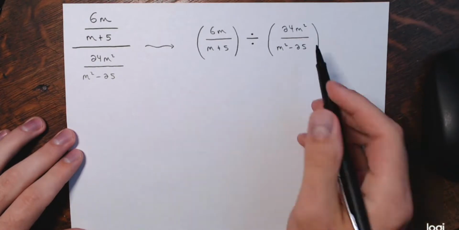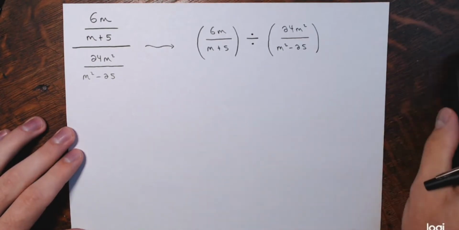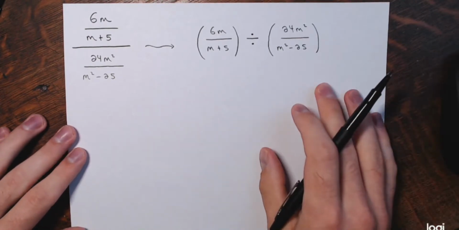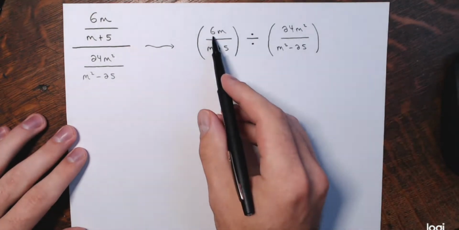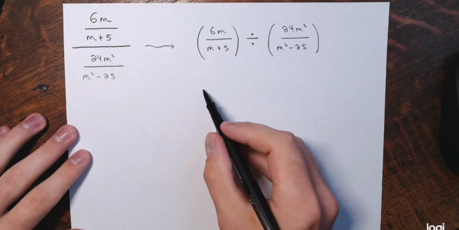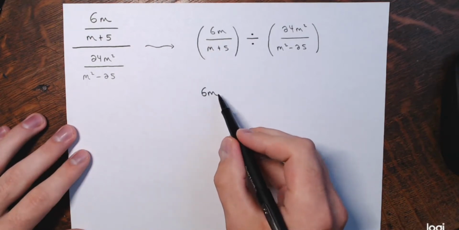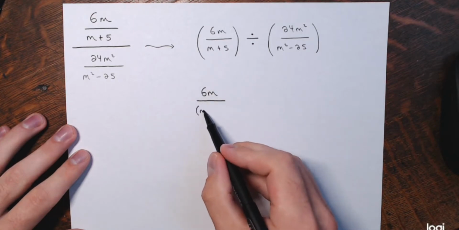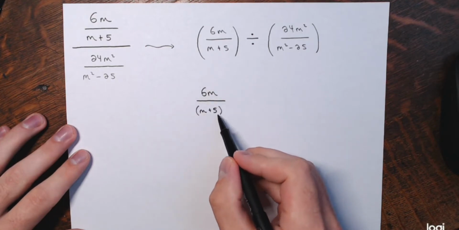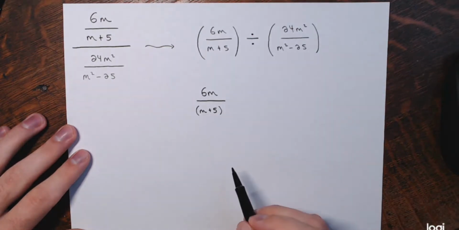Now I just treat this like any other fraction division problem we've done. Factor everything. Now 6 you could break up into 2 times 3, but I'll leave it as 6m for now. And m plus 5 is as factored as that gets, right? And because it has multiple terms, you can put parentheses around it if you want. You don't need to, but I like doing it on occasion.